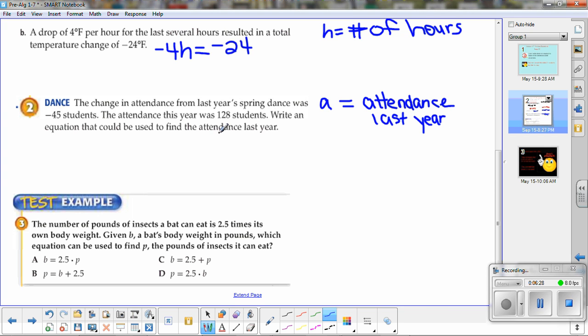Now go back and read the problem. The change in attendance from last year's spring dance was negative 45 students. The attendance this year was 128. Write an equation that could be used to find the attendance last year.